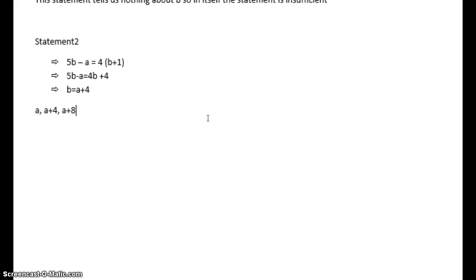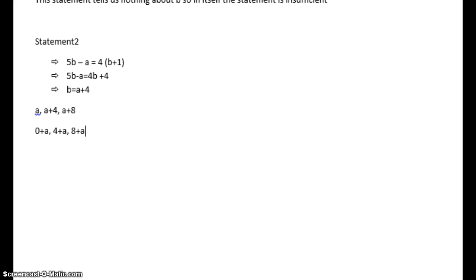Here note that in this expression a, a plus 4 and a plus 8, this set of numbers, a is a constant which is there in all three of these numbers. Let me represent it as 0 plus a comma 4 plus a comma 8 plus a. So a is a constant quantity.